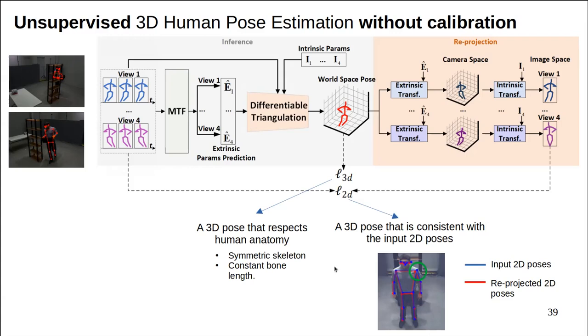On the other hand, we defined additional loss terms to ensure that this 3D pose is actually consistent with the input 2D poses. In order to define these losses, we can take this 3D pose, reproject it to the 2D space, and then compare the input 2D poses to the reprojected 2D poses. We can compare them in terms of joint position between input and reprojected 2D poses, in terms of bone length in the 2D space, or in terms of the direction of the bones in the 2D space.